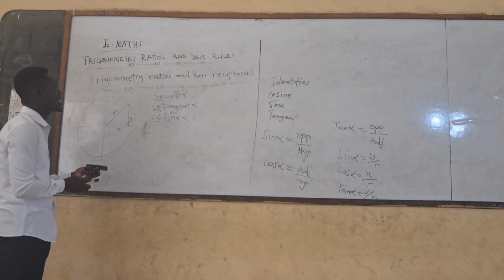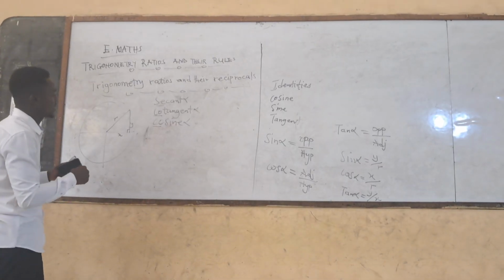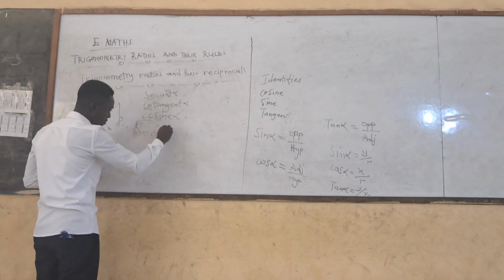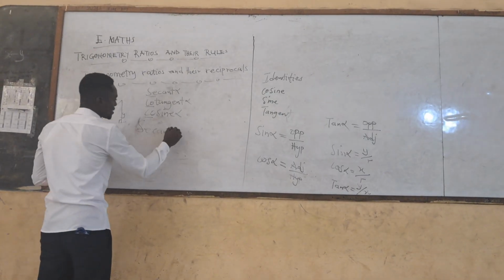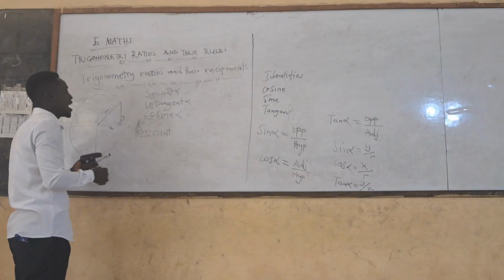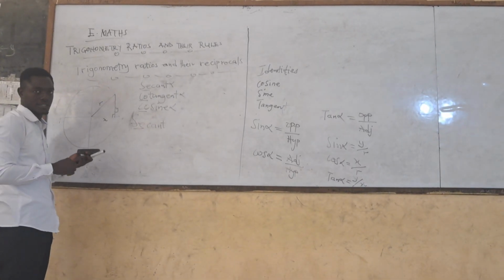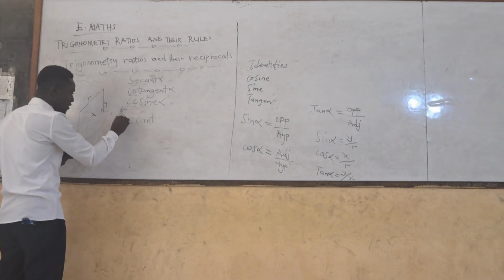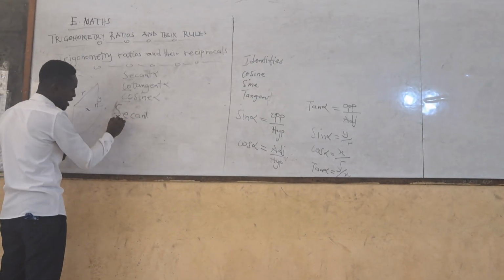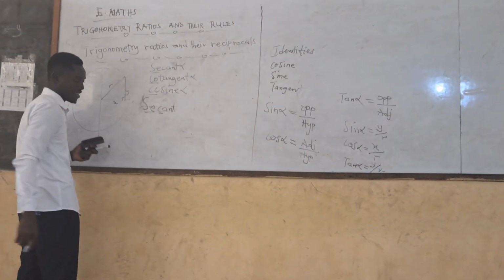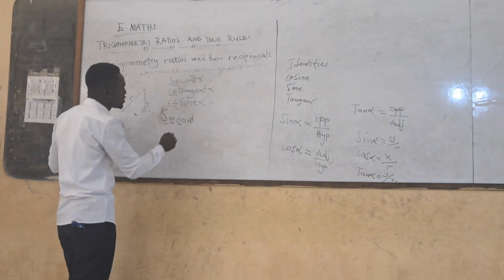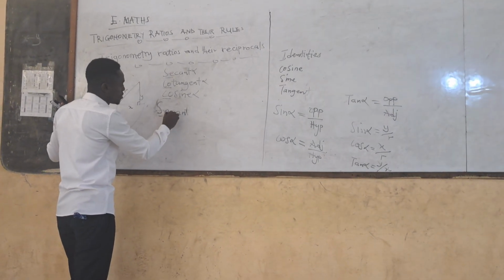So, for instance, if I take secant, I have to take the first two letters out and consider the third letter. What's the third letter here? C. So C means we are dealing with cos.